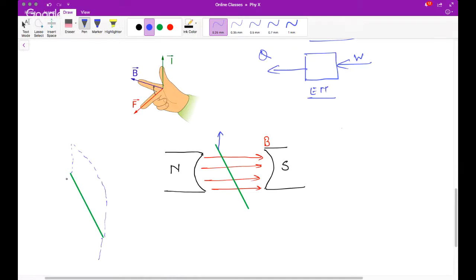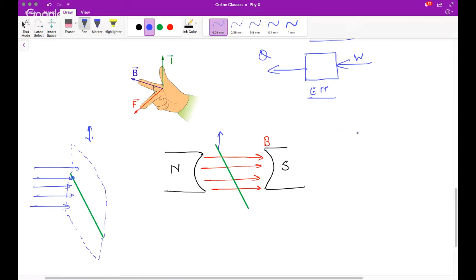Area swept by it as this conductor is moved vertically up and vertically down. What will happen? If you see, apparently all the magnetic field lines are passing or cutting through this area swept.